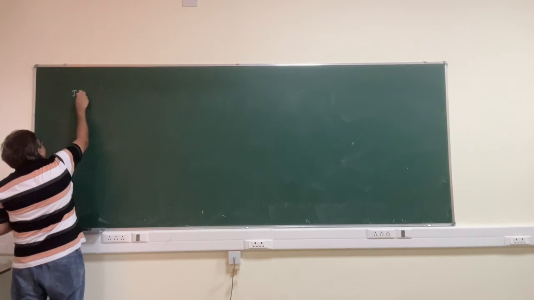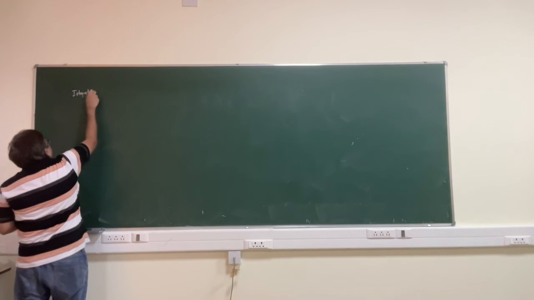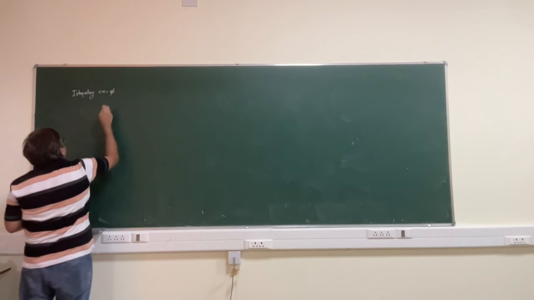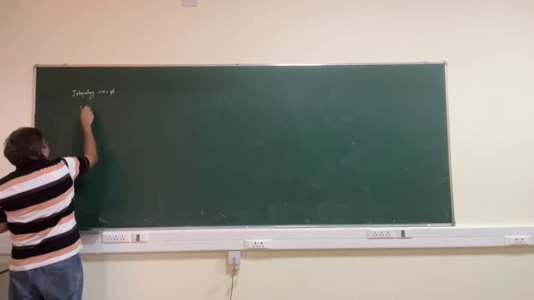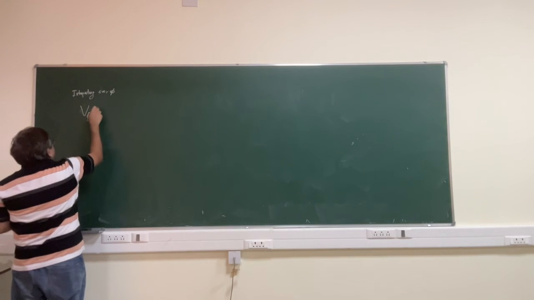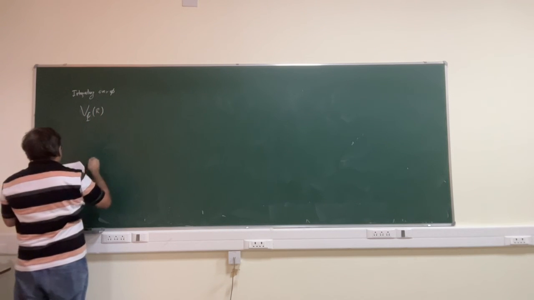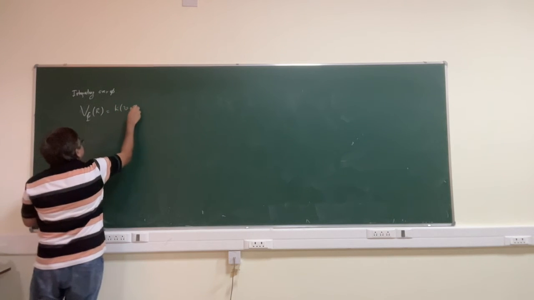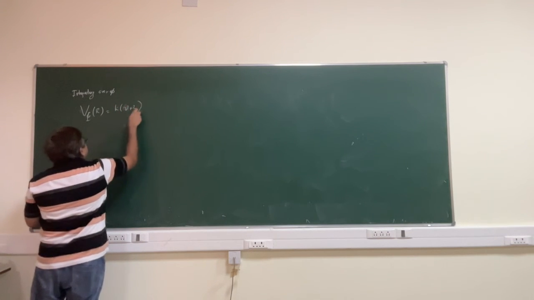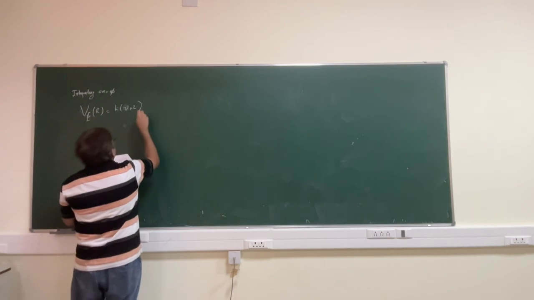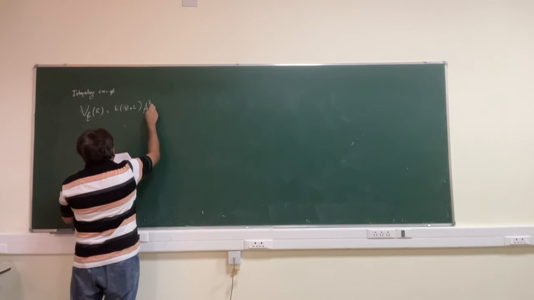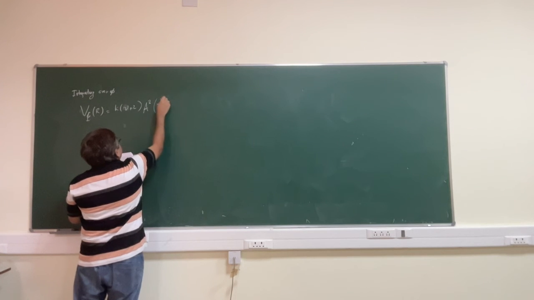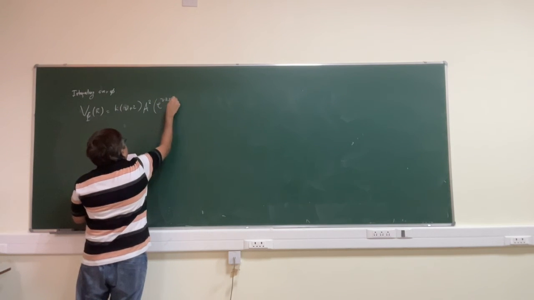Integrating over phi, this angle, you get V phi over r is equal to k mu plus 2 a square, where a is some constant, e power mu k r phi.